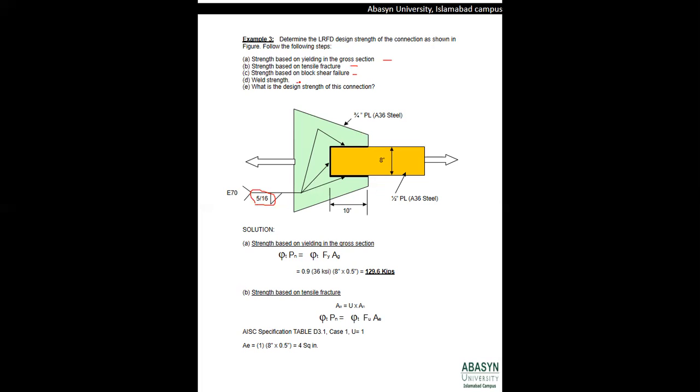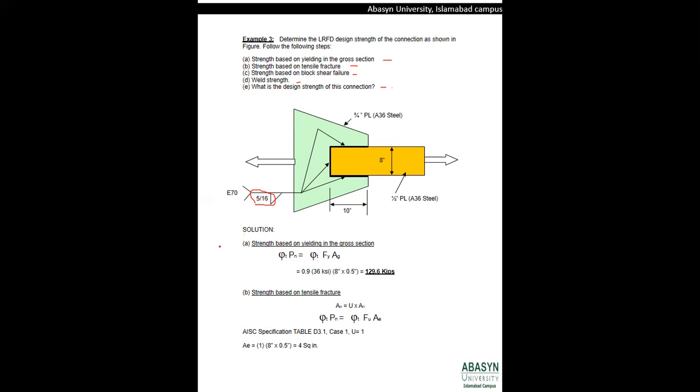Then we have to find the weld strength, and ultimately decide the design strength for the entire connection, because two parameters are involved in the connection: one is the member itself to which it is connected, and the second is the weld. If we have a failure in the weld, ultimately the connection is going to fail. If we have a failure in the member, again the connection is going to fail. So we have to take all parameters into consideration, and then decide the total design strength of the connection.